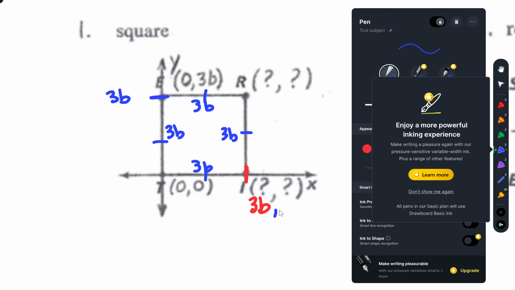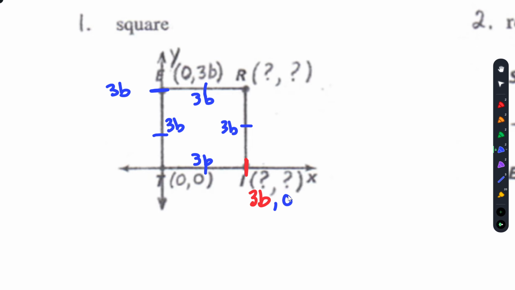So this point right here is 3b, 0. What about R up at the top there? What's the coordinate at R? It goes up the same amount as this one, so it should also be 3b. And it goes to the right the same amount as this one, so it should also be 3b. Questions?